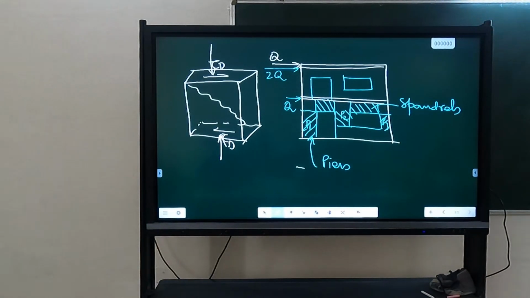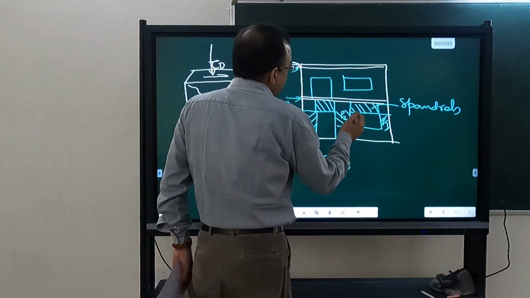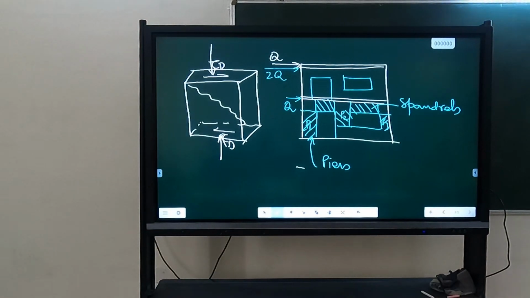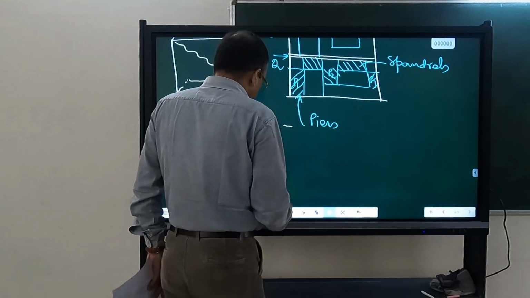That's why we have just calculated the load displacement curve of these three piers and added those. In reality, what will happen? These piers and spandrels will also deform, and it will act like a frame. So another modeling of this wall can be an equivalent frame. And how will it look like an equivalent frame?